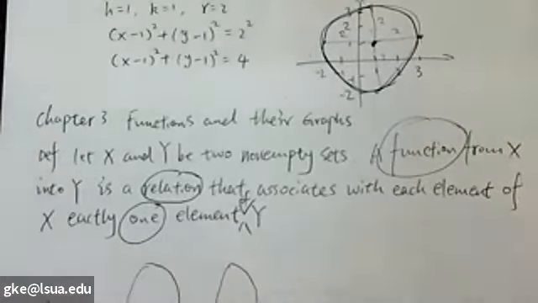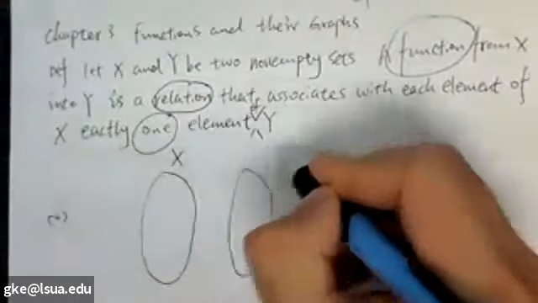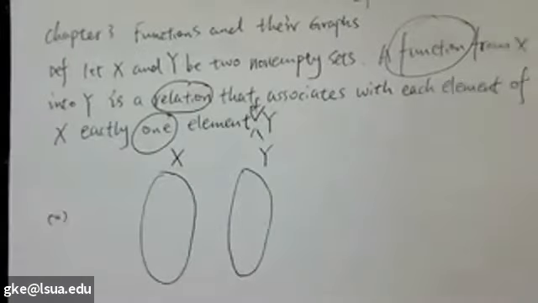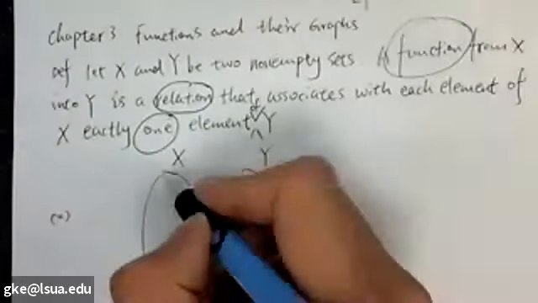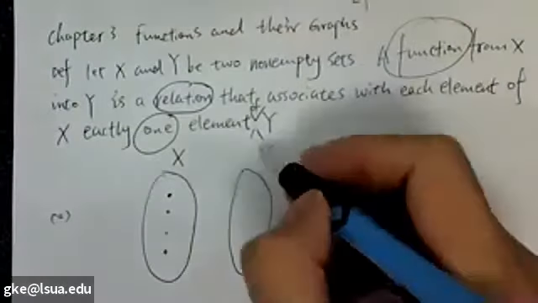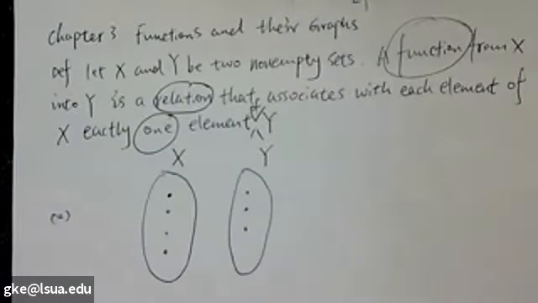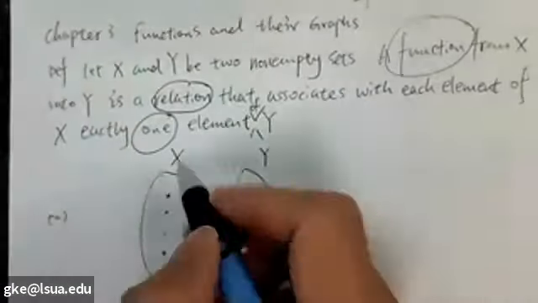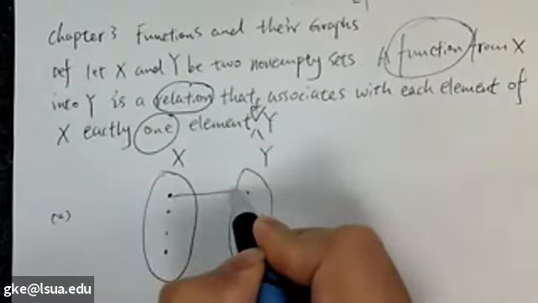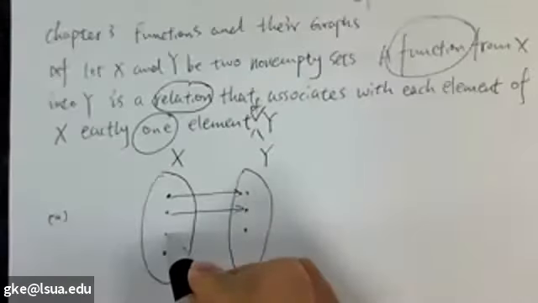That's the first case. We have two sets. Okay, we draw these two sets. And then we have elements 1, 2, 3, 4, and we have elements in Y. Now, each element in X has exactly one element in the Y set.